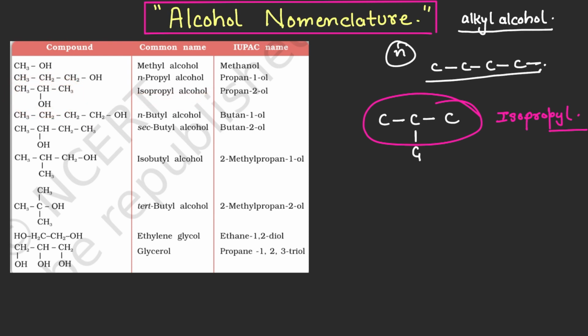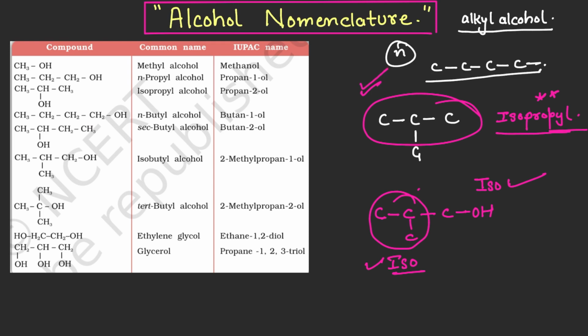Also, other than isopropyl, iso is used for this arrangement of 3 carbons, like this. But isopropyl is specifically an arrangement like this. Understood?